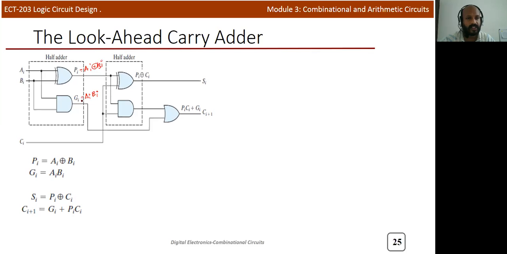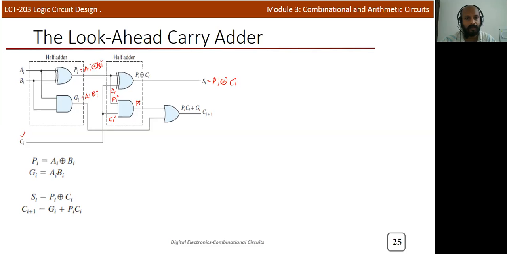Now by using this PI and GI, you can define SI, that is the sum output. This is the first XOR output, that is PI, and the other input is CI. So if CI and this PI are XORed, you'll get PI XOR CI. In the lower case, you can see that one input is CI and the other input is PI.